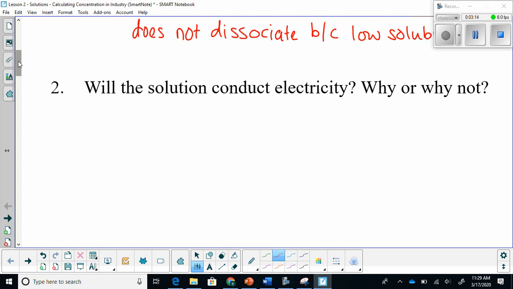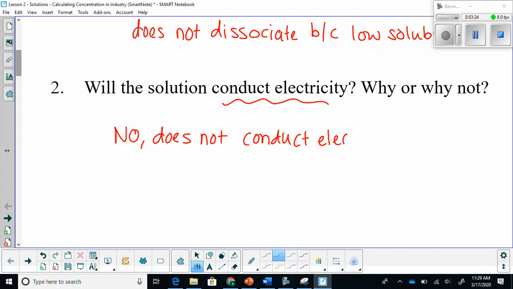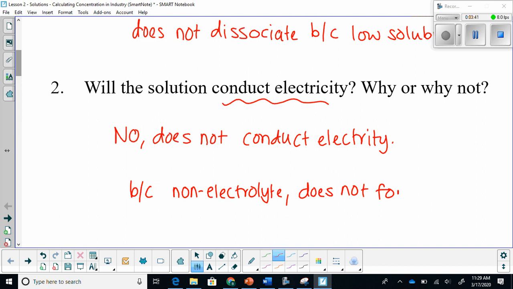So based on that information, I'm going to say no, it does not conduct electricity, because it is a non-electrolyte. It does not form ions.